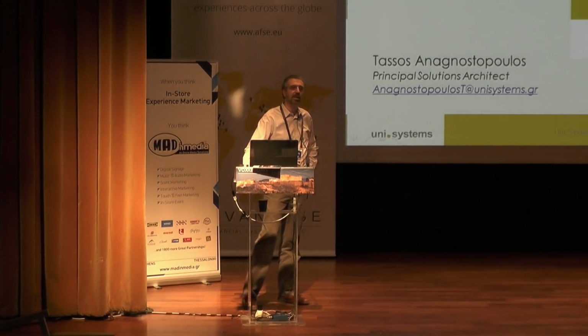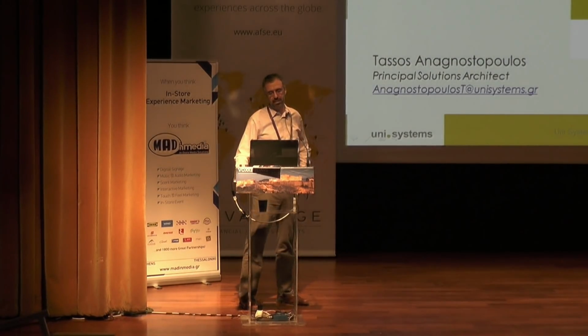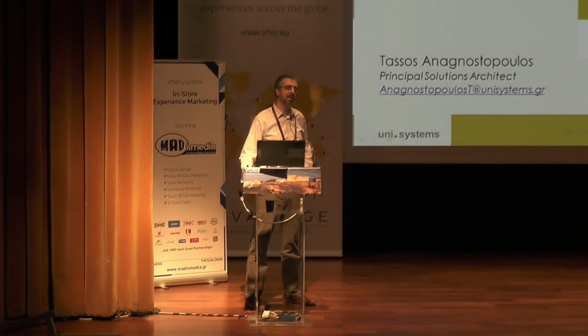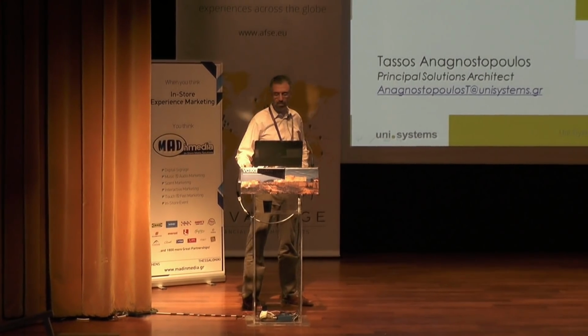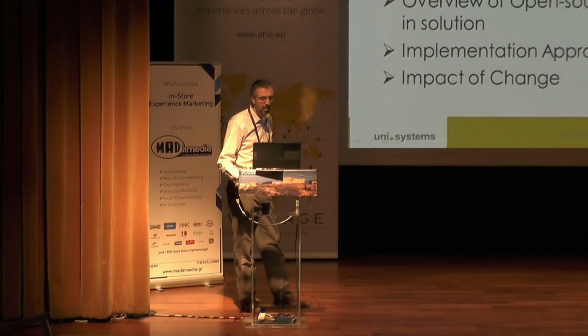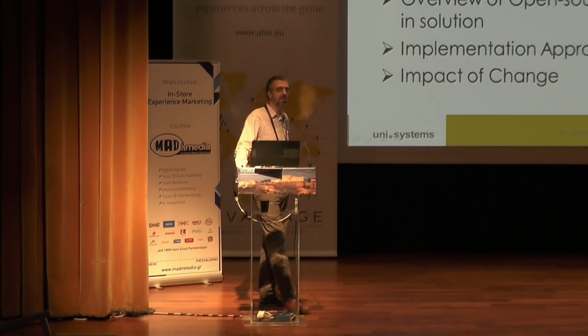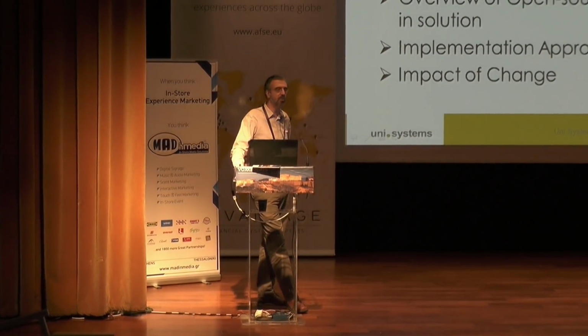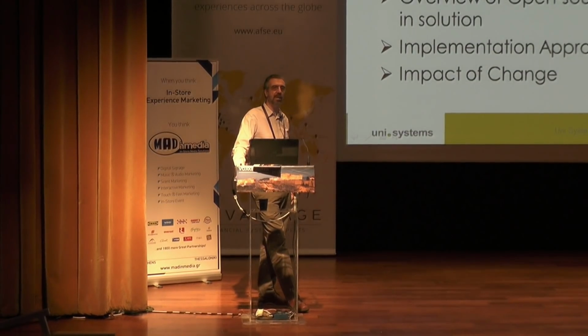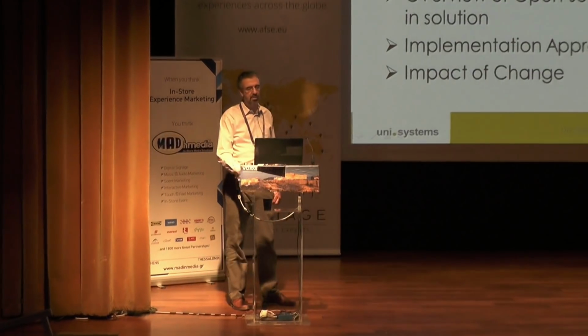I'm going to present to you a case study regarding how we modernized a legacy system at a banking institution using open source technologies. So we're going to start with the presentation of the case. What were the drivers and the goals? The business and technological constraints that govern the project.